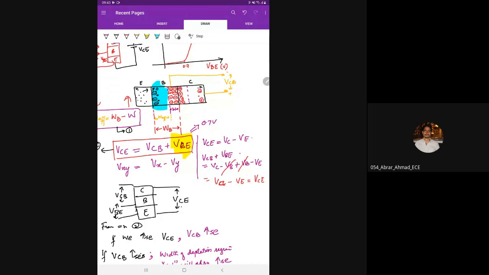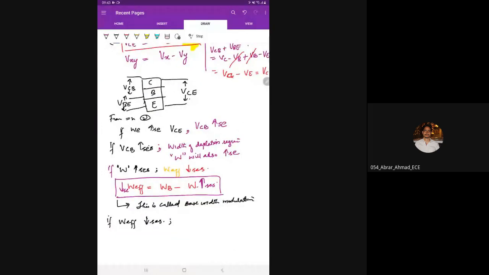तो जहाँ पे कुछ ना कुछ charge carriers हैं. So when this effective width region decreases, it means that the chance of recombination also decreases.